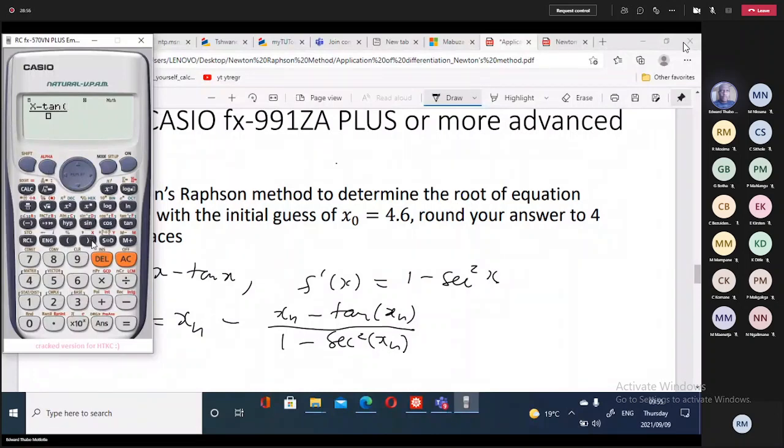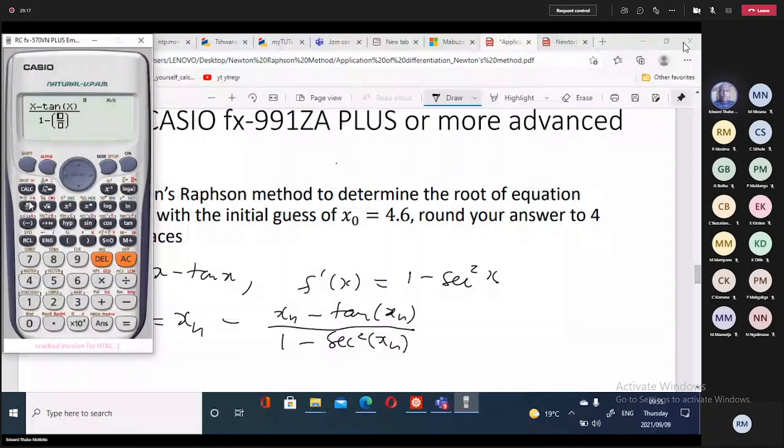Okay, all over 1 minus. Now for sec squared, we have to be creative here. We'll write it as 1 over cos. No, this must be under division, sorry.